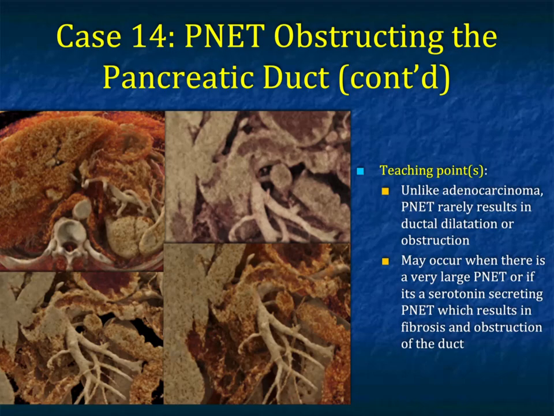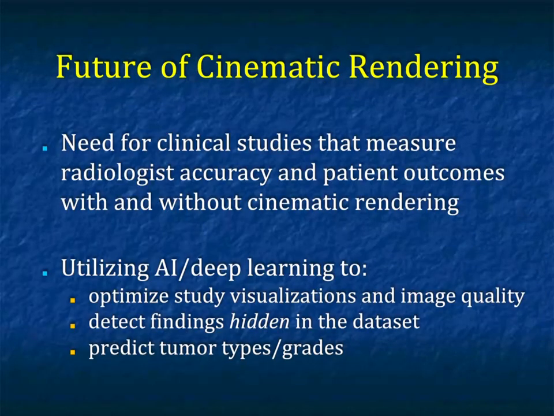And again, the points we made, adenocarcinoma commonly or almost always obstructs the pancreatic duct unless it's located very low in the uncinate process, where it may not. And again, the lesions that are neuroendocrine that obstruct the duct typically are secreting serotonin. And this was an article written way back when by one of my colleagues, Hitomi Kawamoto.